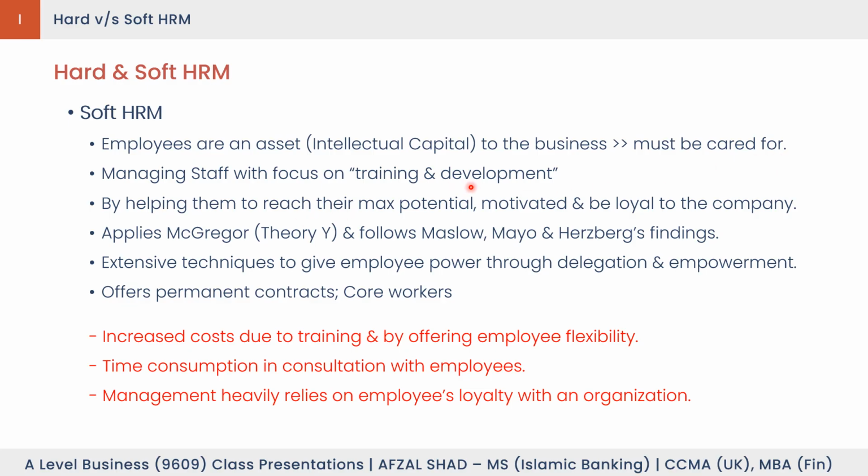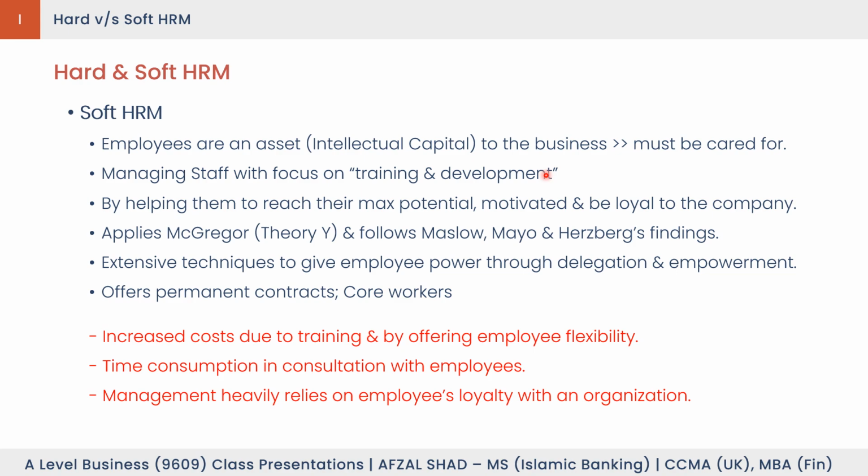Managing staff with a focus on training and development. Since we believe in retention of the employee in soft HRM, if we find a gap in the employee, we train them and bridge that gap. We are a problem solver, not a replacer at this point. Hard HRM believes that if there is a gap in an employee, replace that employee.